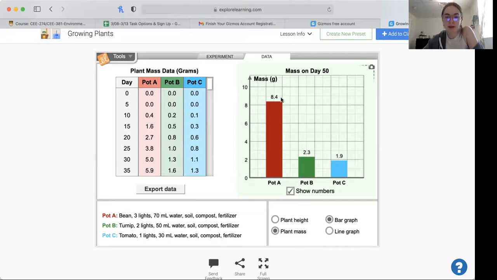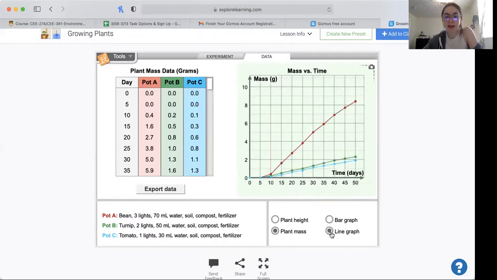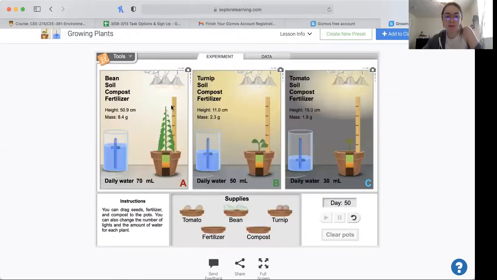It's more of this exponential decay trend. You can also view it as a line graph. And overall, we can say that pot A, with the most light and the most water, was the most successful growth for both height and mass. And it is the healthiest plant here.